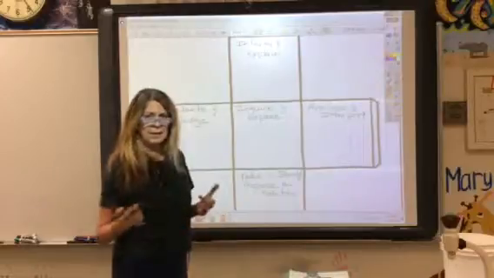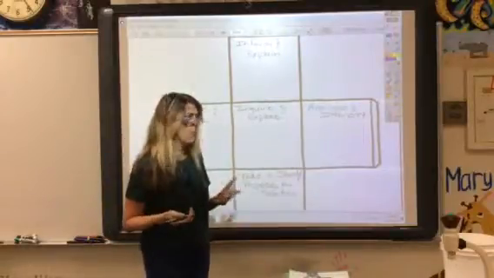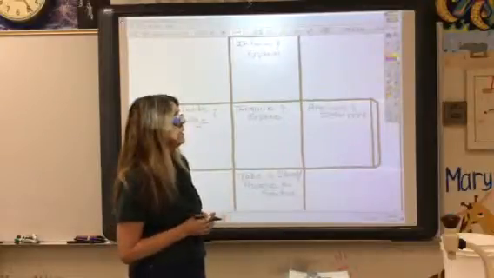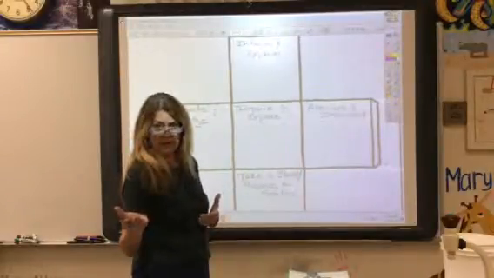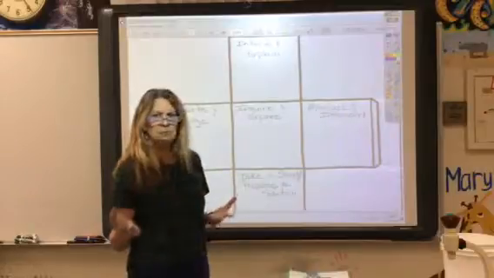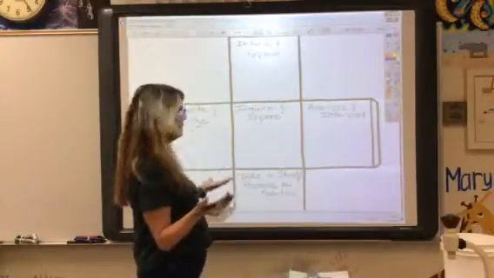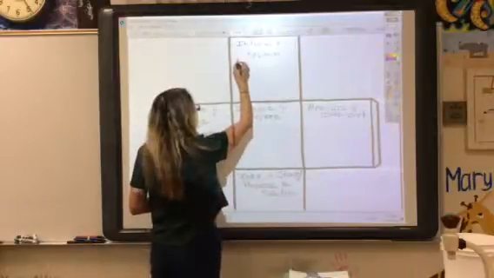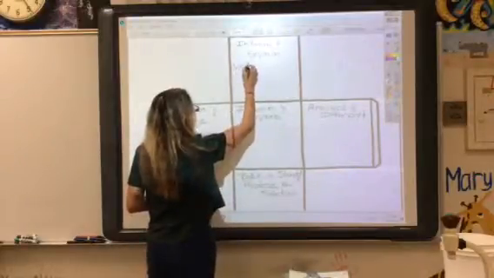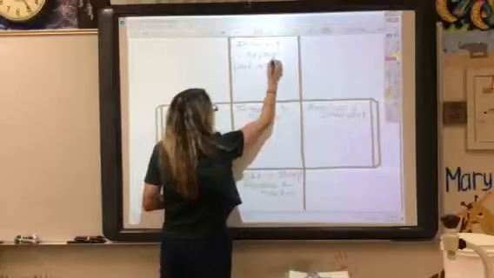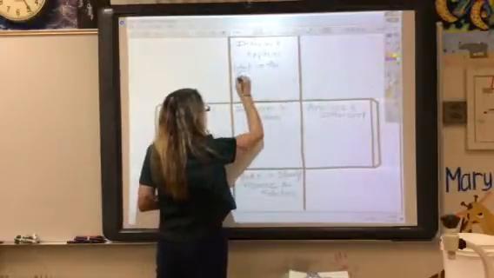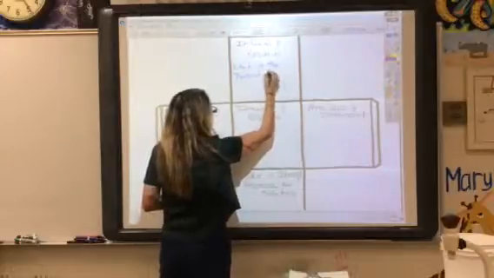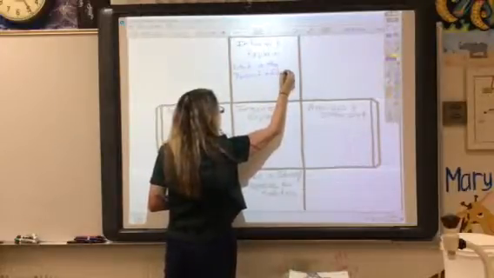Inform and explain. If we were asking our students to inform or explain on the topic of perhaps, let's say they've just read Frankenstein and we're doing the pursuit of knowledge, then basically what we're doing is we're asking them, what is the pursuit of knowledge?